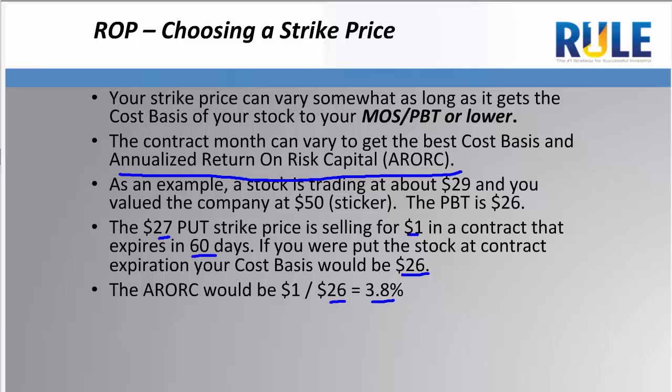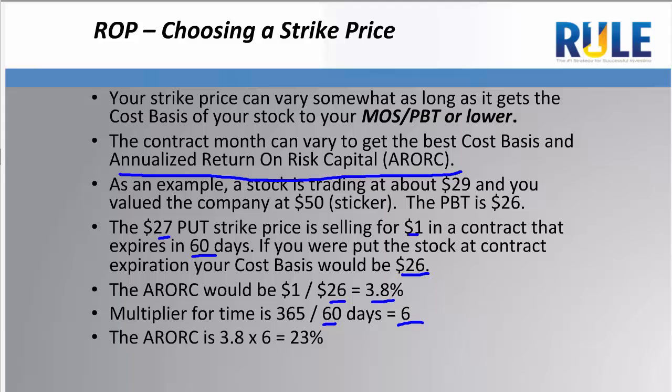That's my return on risk capital. My multiplier to figure out time is simply 365 days in a year divided by 60 days, which equals a multiplier of 6. In other words, there are 6 60-day periods in a year. If I did this 6 times over the next year, I'd have 3.8% times 6, a 23% ARORC, annualized return on risk capital.